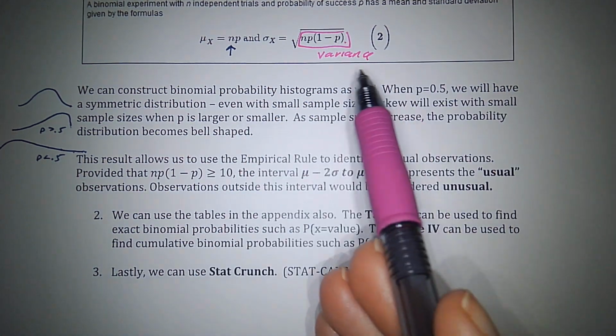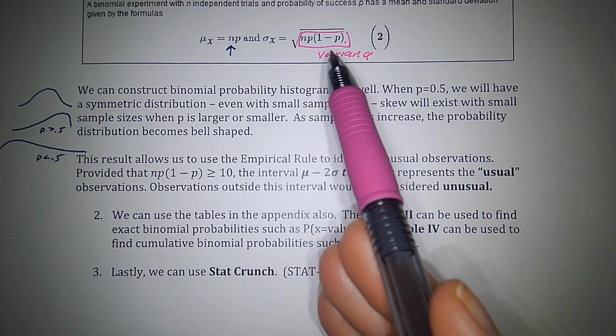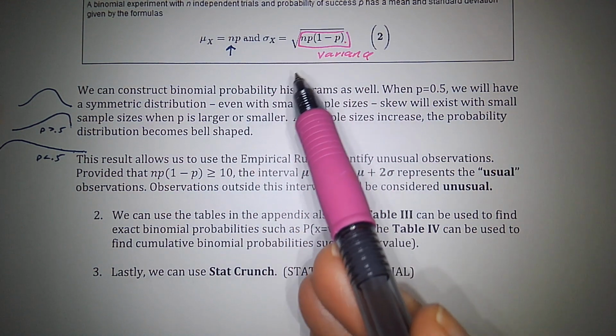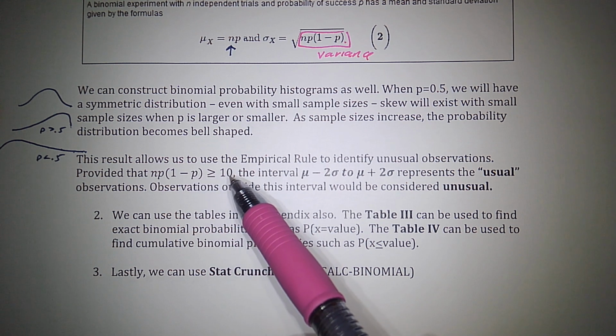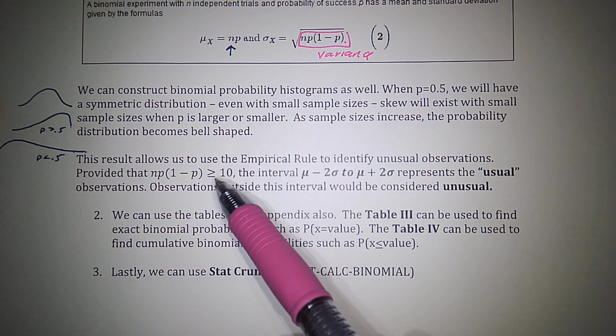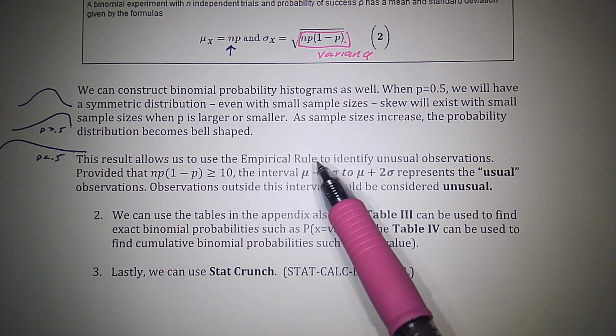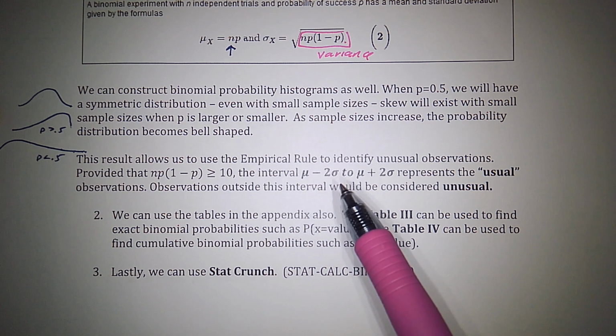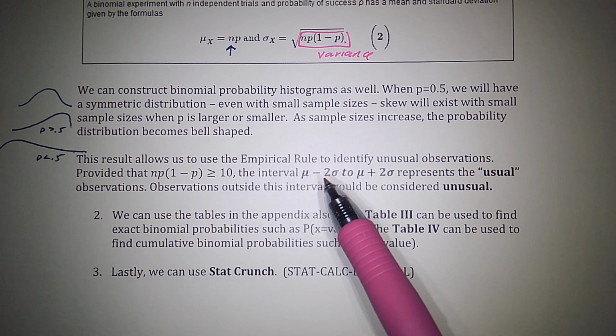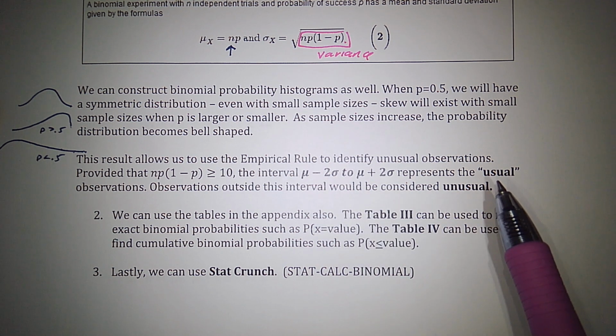So if the variance, or everything underneath the square root of the standard deviation, is greater than or equal to 10, we can state that the empirical rule applies, and we state that anything outside two standard deviations from the mean is considered unusual.